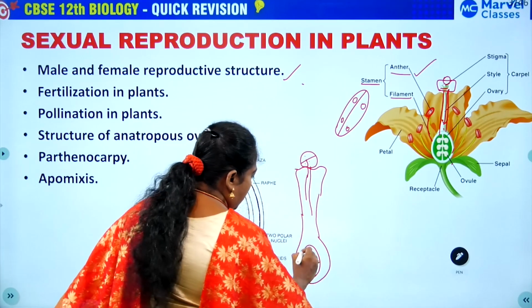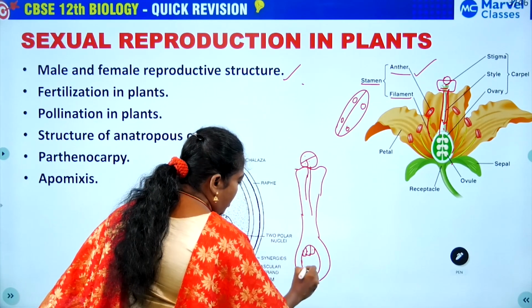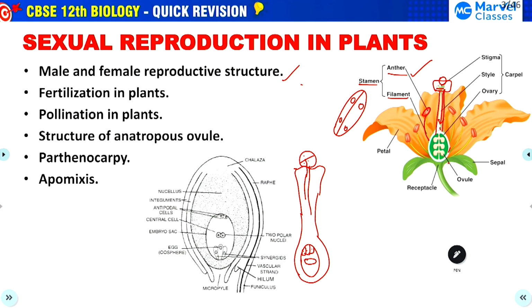This embryo sac is 7-celled 8-nucleated stage. That you should mention when you are talking about the fertilization. You have to mention how the embryo sac and how the pollen cell. The pollen cell is at the 3-nucleated stage, and this is 7-celled and 8-nucleated stage.